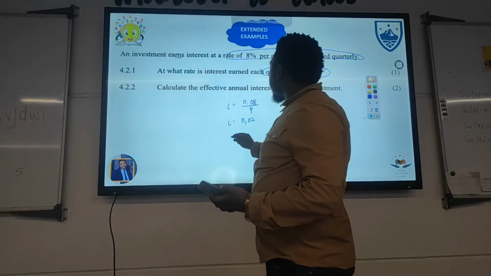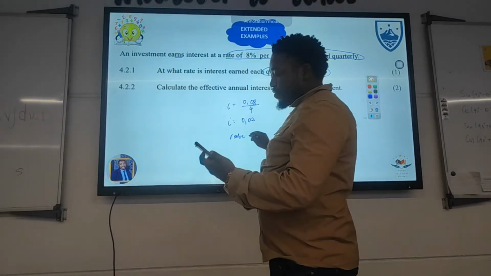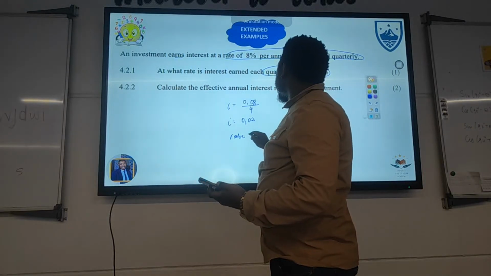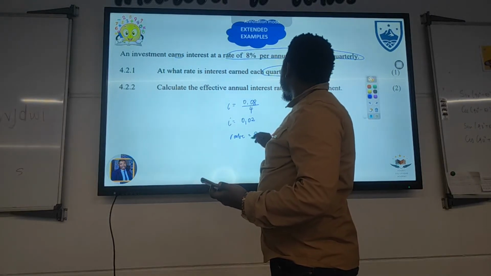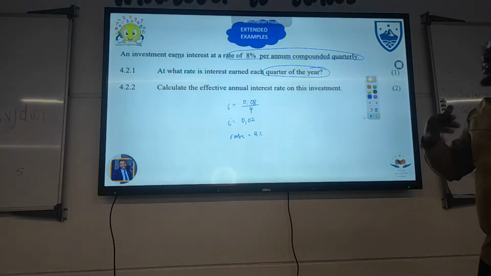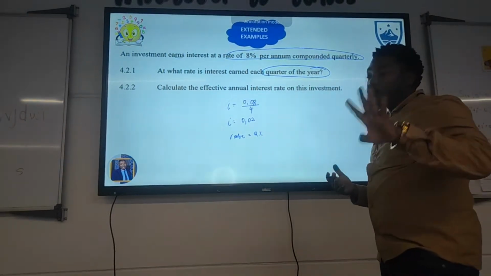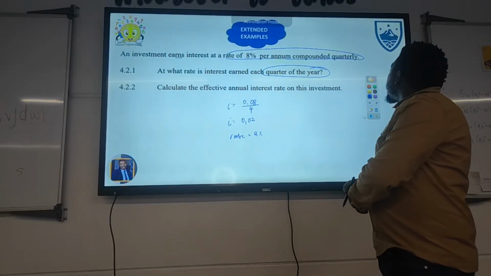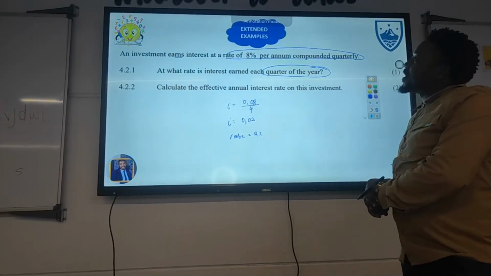So the rate in actual sense will just be 2%. Or we can take the 8% and divide it by 4 because each year we have 4 quarters. Okay?